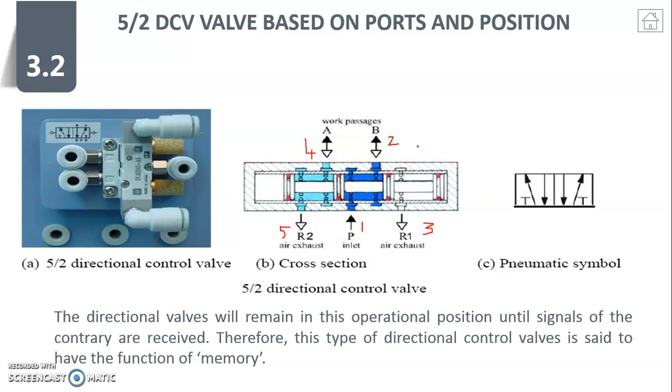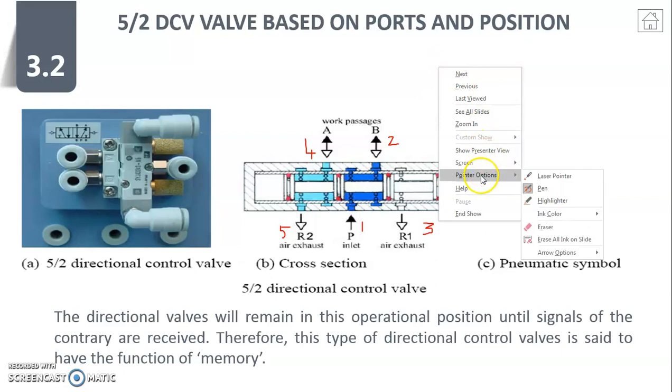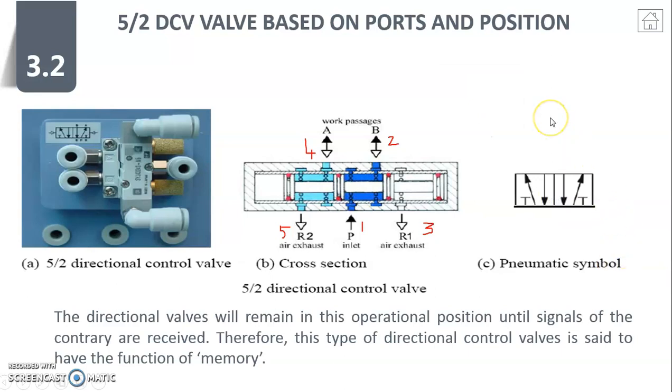The 5x2 and 5x3 valves are commonly used as a memory valve, where it can restore the previous position also. So this is the broader explanation of how, based on port and position, the DCV valves are classified.